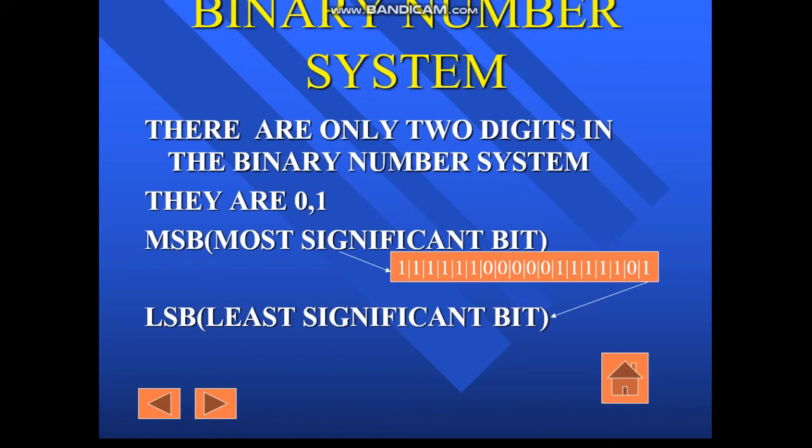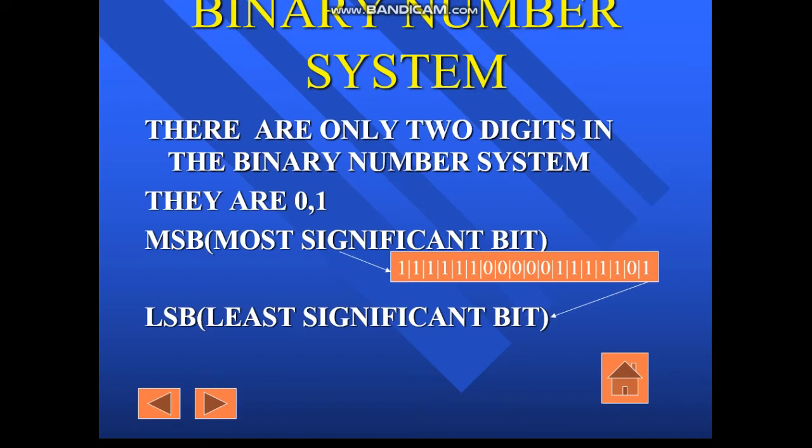The numbers in the binary number system are represented to the base 2. It has the base of 2, and the position multipliers are the powers of 2. So that's how the binary number system works.